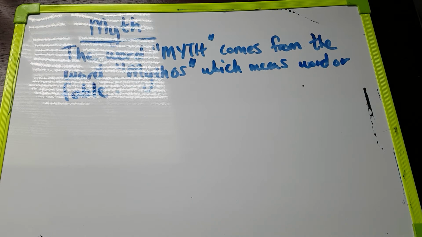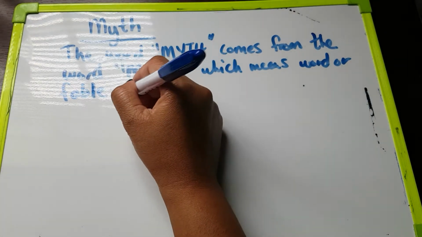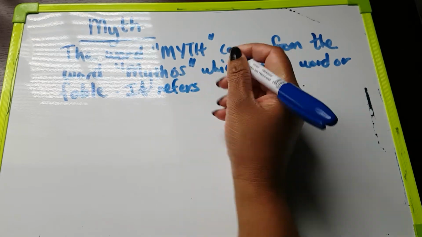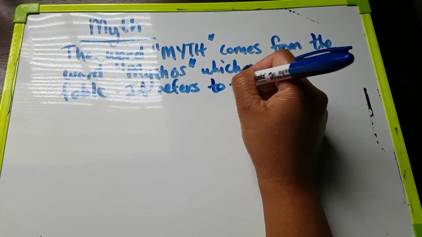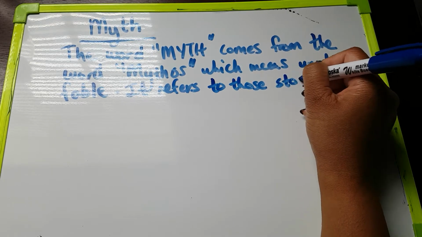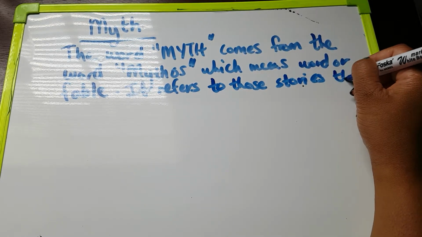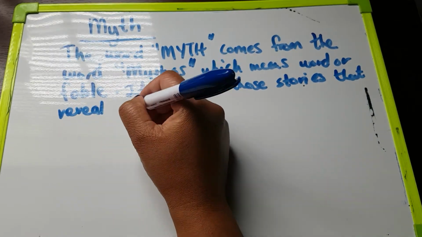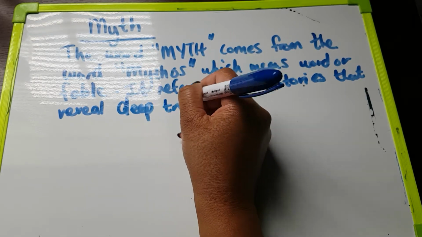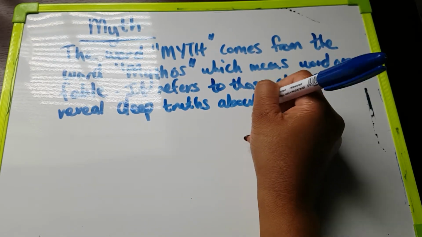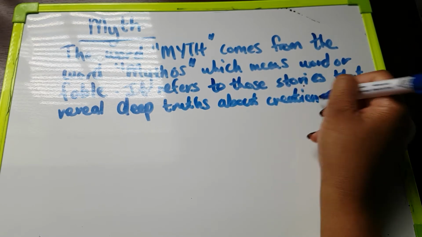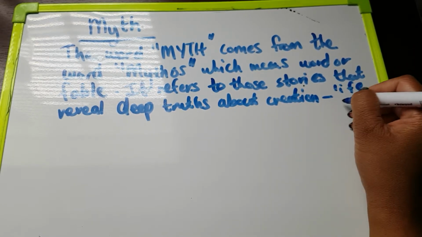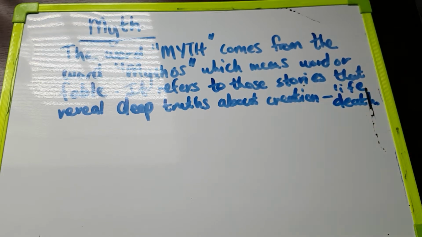Okay, that's your first point. It refers to those stories that reveal deep truths about creation, life, and death. Okay? For example, in African traditional religion, humans originated from reeds.